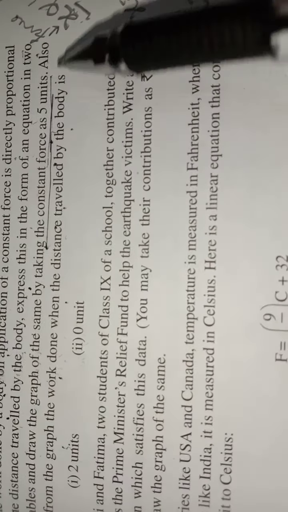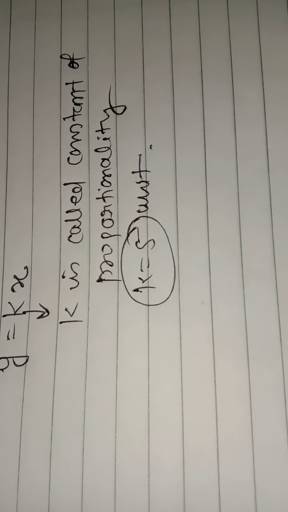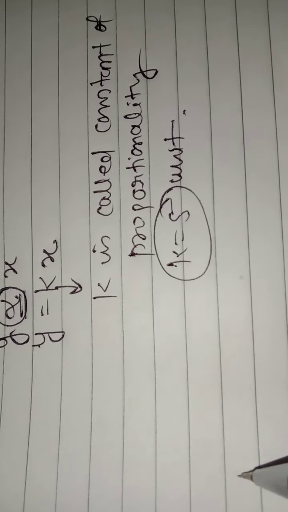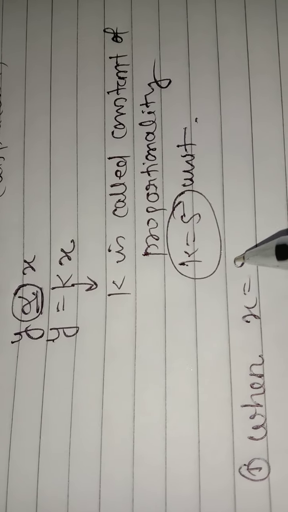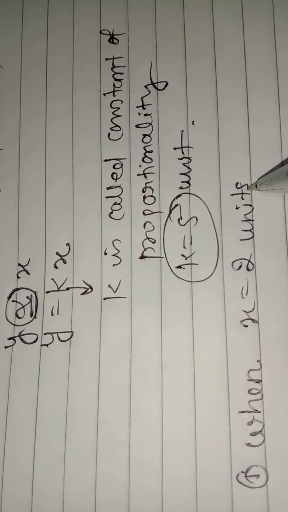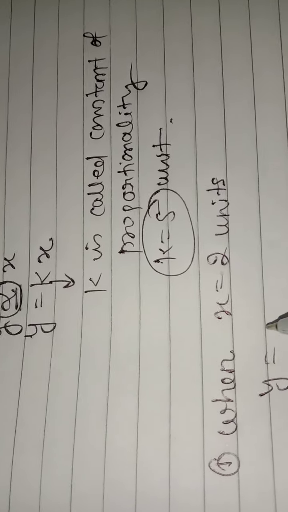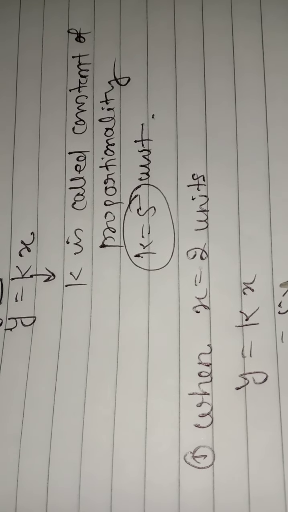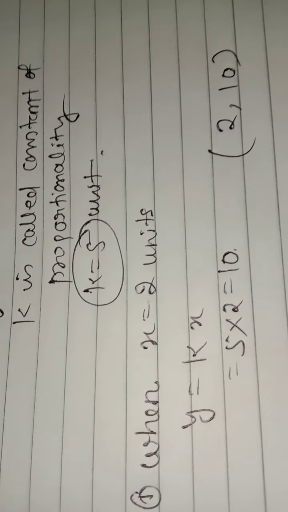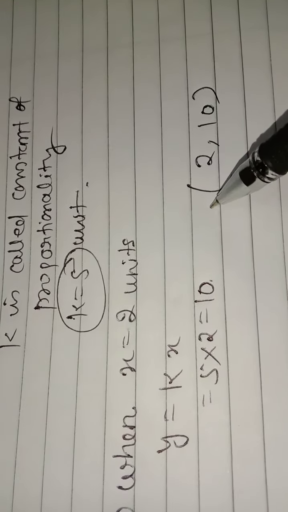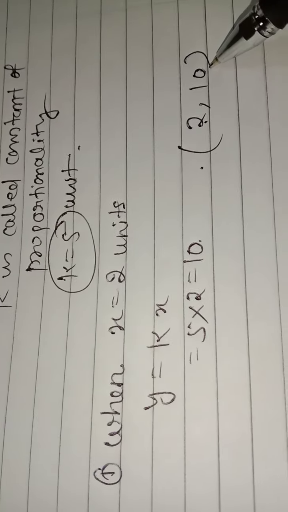Work done when the distance travelled by the body is 2 unit and 0 unit. What do you mean by 2 unit? That is the first condition, when x is equal to 2 units. Our equation is y is equal to kx, so 5 into 2 is 10. So we got the point 2, 10, the first point on the x-axis and y-axis for the graph.